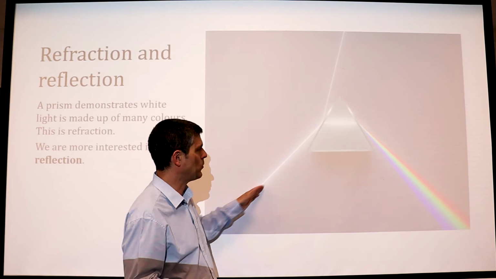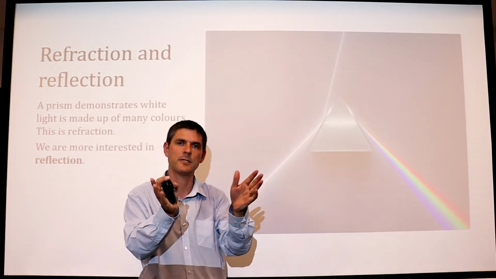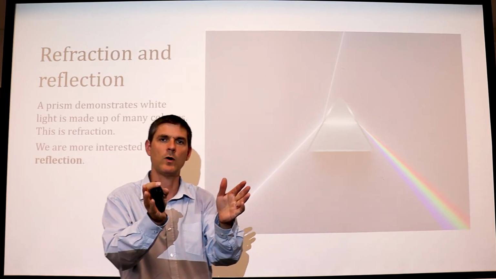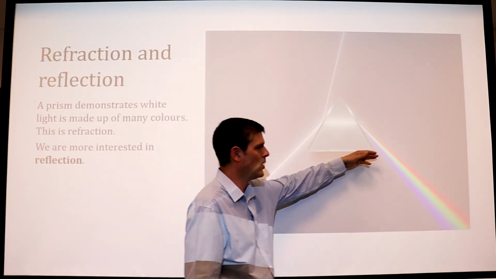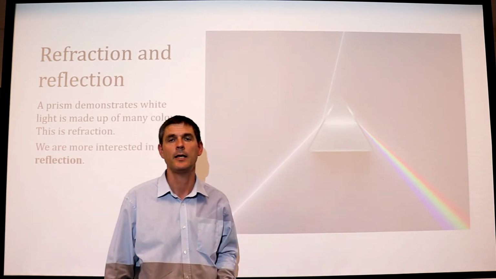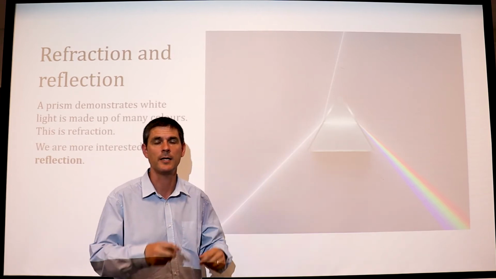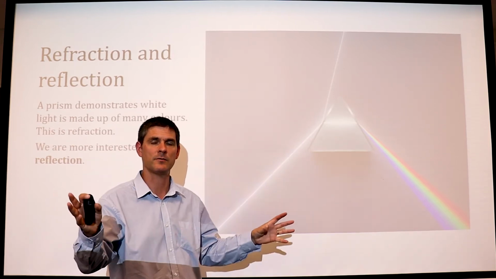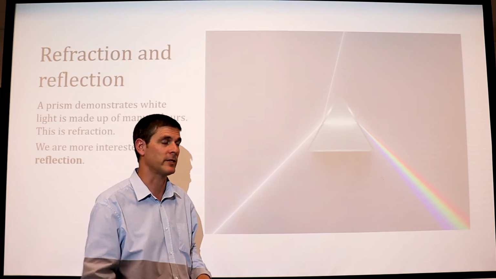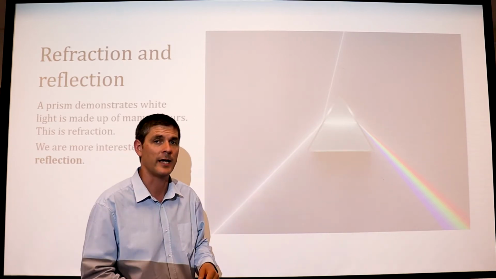When you shine a white light through a prism, the prism will split it into its component wavelengths, and therefore we can see all these different colours of white light. You see that in nature when a rainbow occurs. The sun is shining through rain, and you see all the colours of that white light split into its many wavelengths. So that's refraction, the splitting of light.